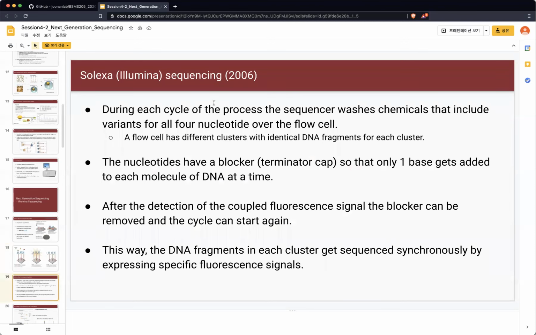Okay, so during each cycle of the process, the sequencer washes the chemicals that include the variants of all four nucleotides over the flow cell. So that's basically summarizing what I said before. Then the nucleotides have a blocker, terminator, cap, so that one base pair can be added to each molecule of DNA at a time.